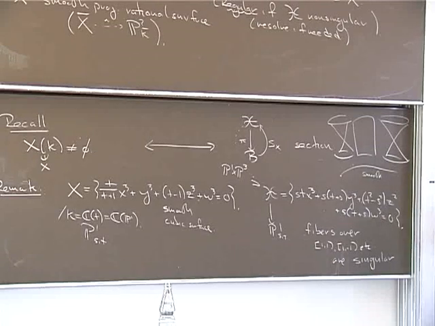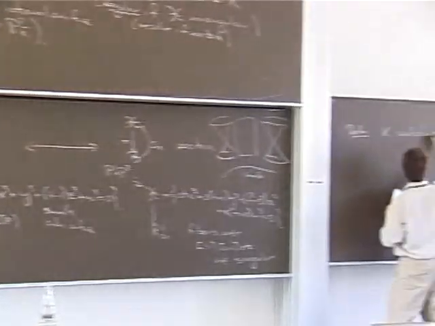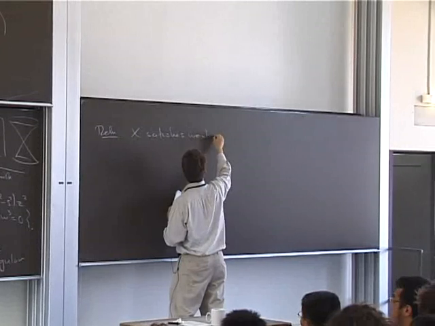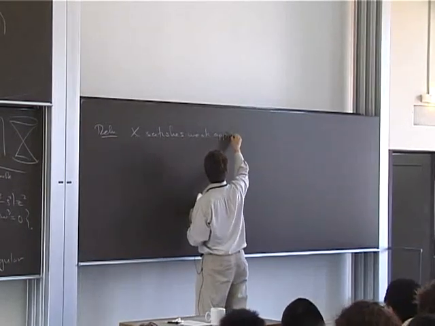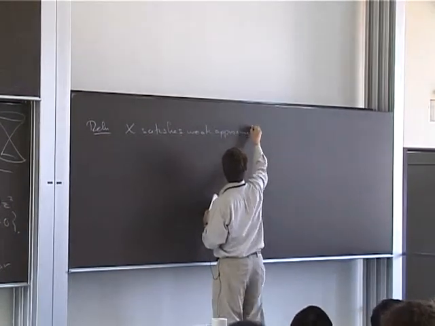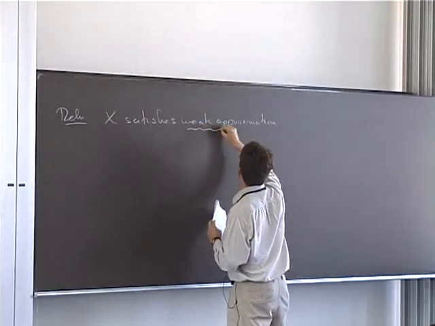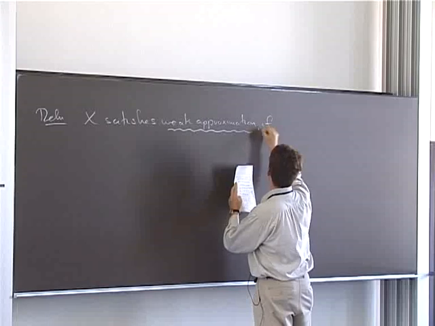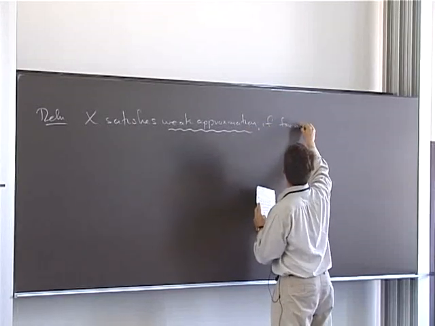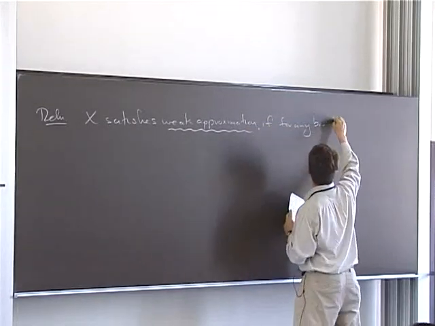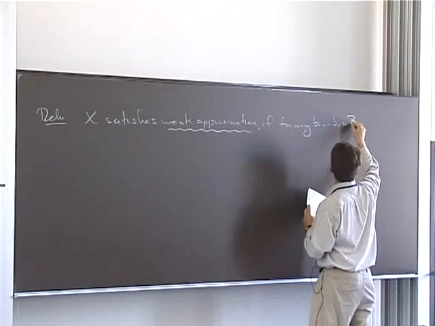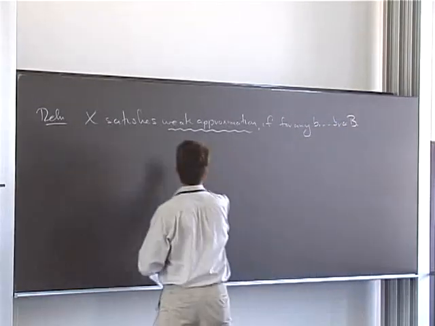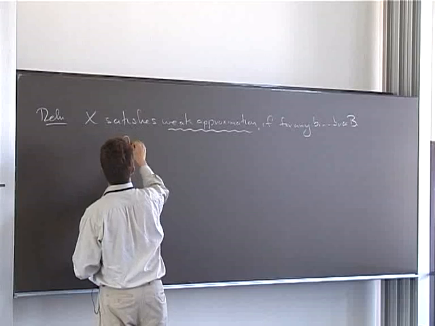X satisfies weak approximation if for any collection of distinct points in B, either of the following hold.